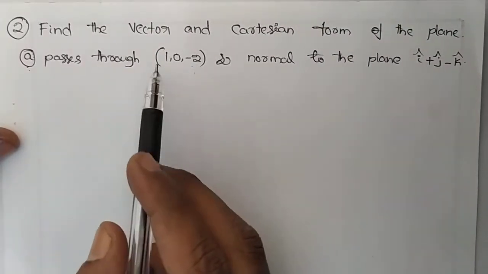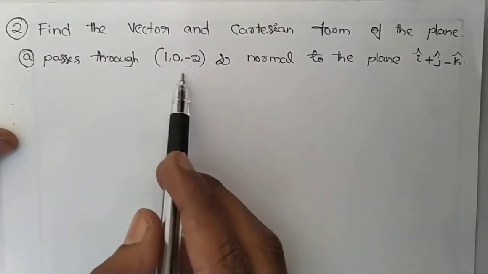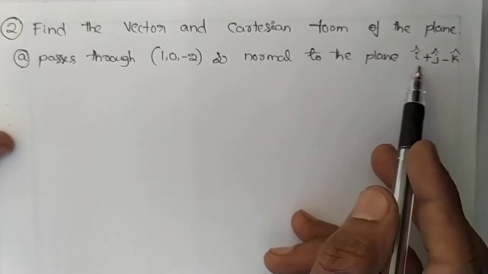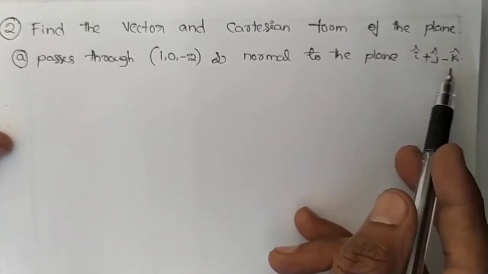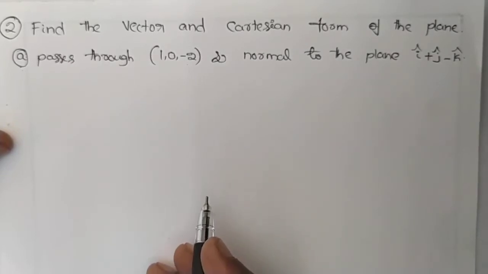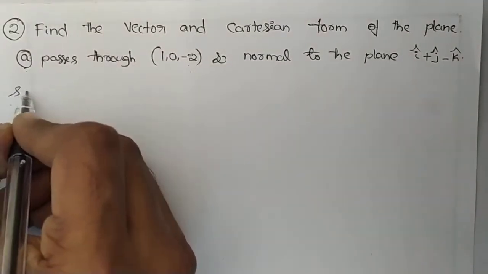Hints are given. You just identify x1, y1, z1 and capital letters a, b and c.